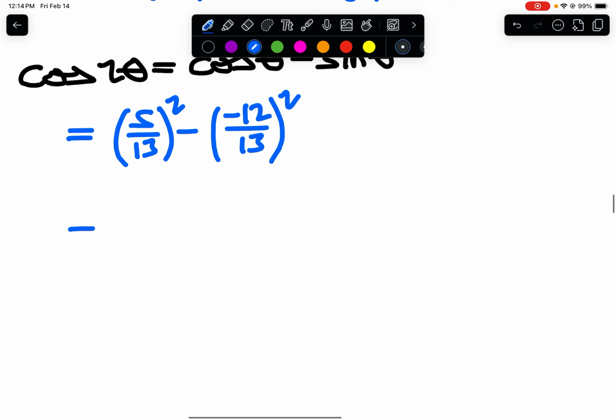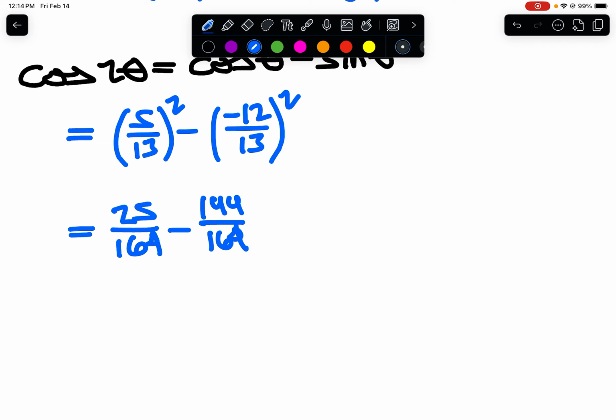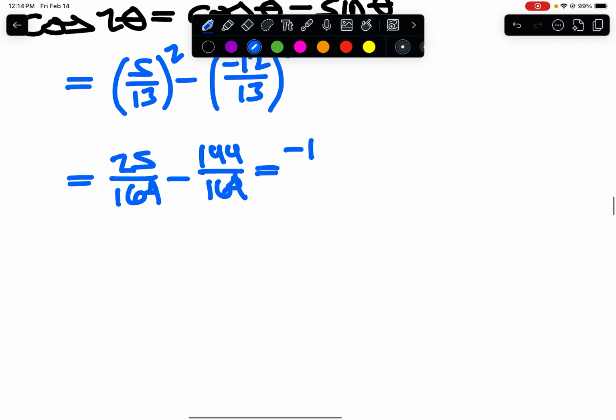Now when I do this, this is going to give me 25 over 169, then minus a positive 144 over 169. So 25 minus 144 is negative 119, I hope. Yes, over 169.